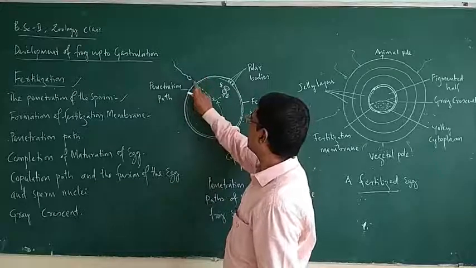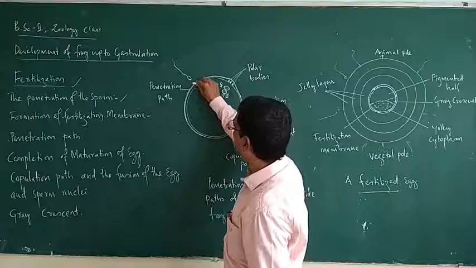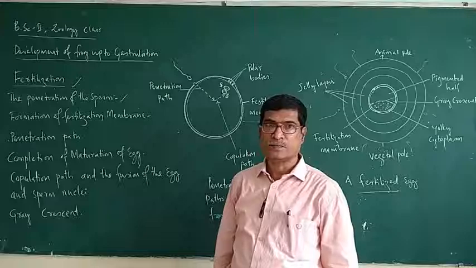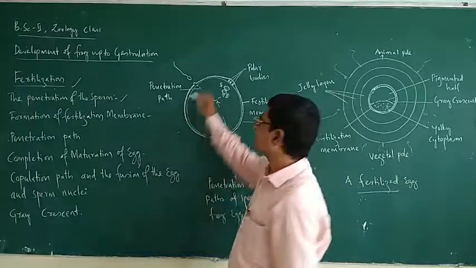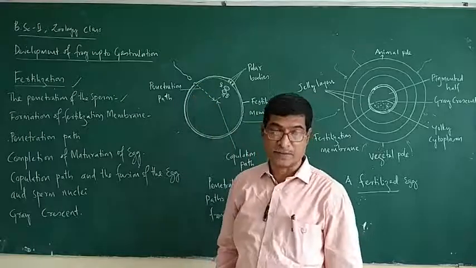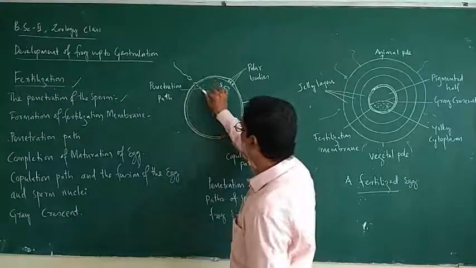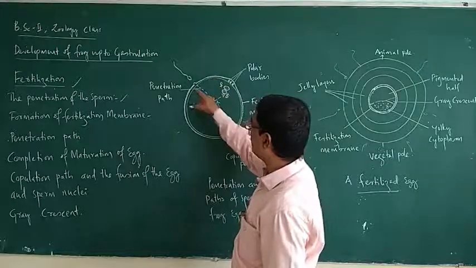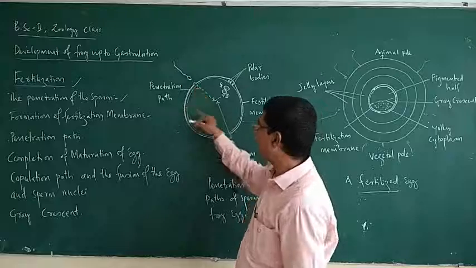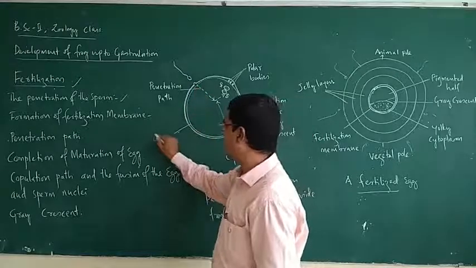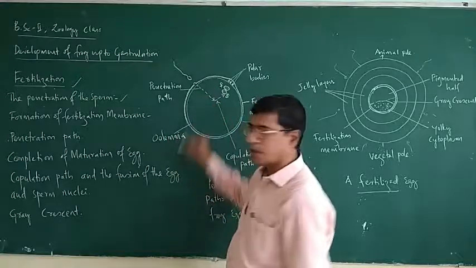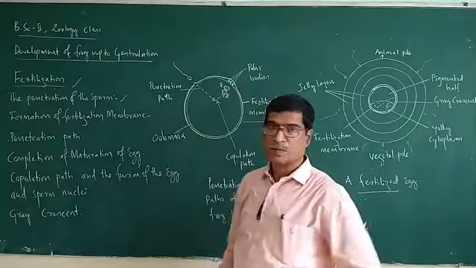At that region, the Wittlein membrane is slightly elevated upward from the surface of the egg. Now the sperm penetrates into the ovum, passing through the Wittlein membrane and oolemma. This is the oolemma, or plasma membrane of the ovum.